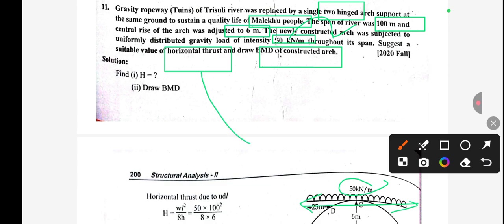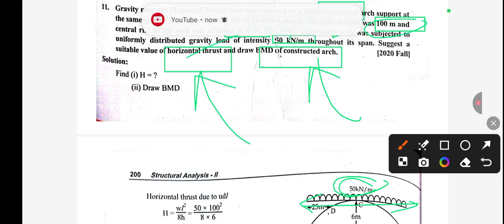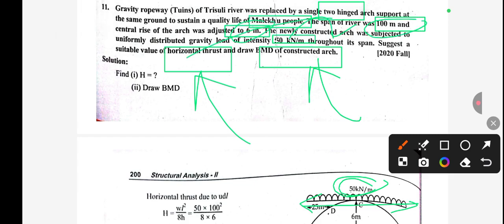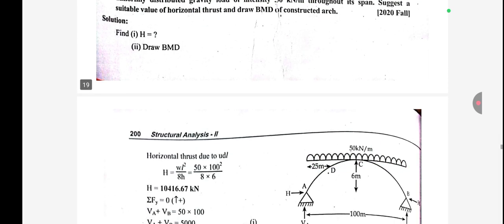So we need to carry out these two: bending moment and horizontal thrust. The span is given 100 meter, and rise is given 6 meter. So these all are given in the question.